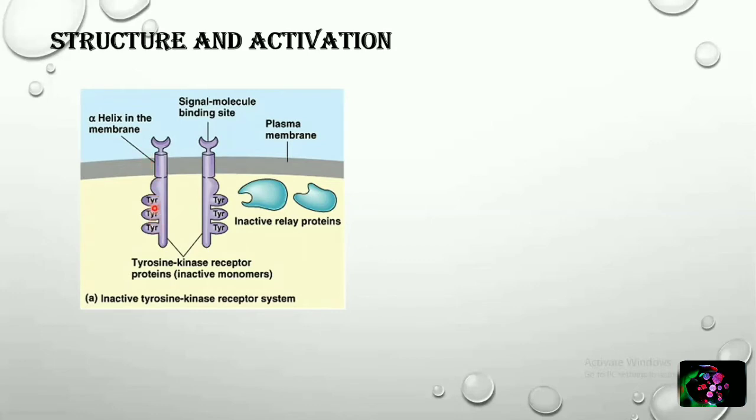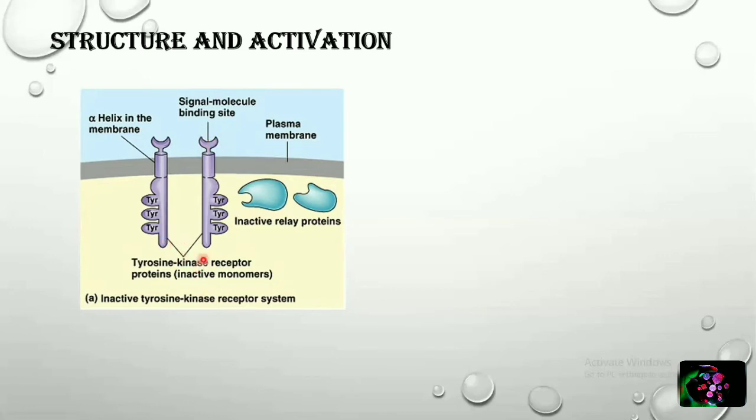Tyrosine is an amino acid which is present in a polypeptide. This is the signal binding site, where the signal molecule attaches.